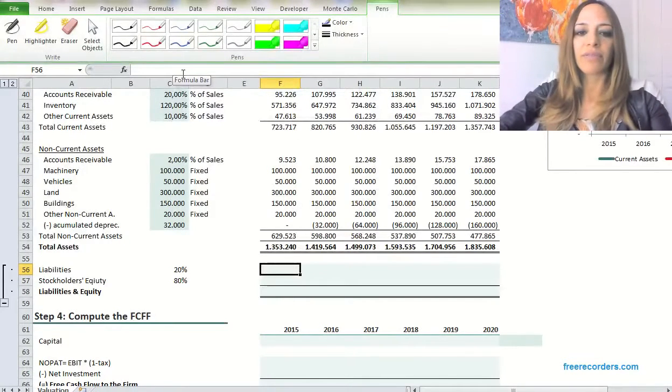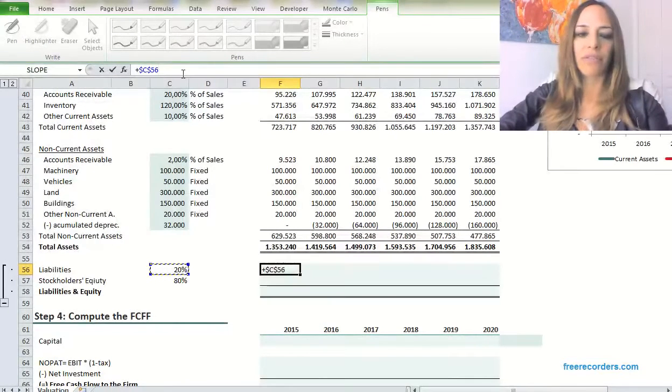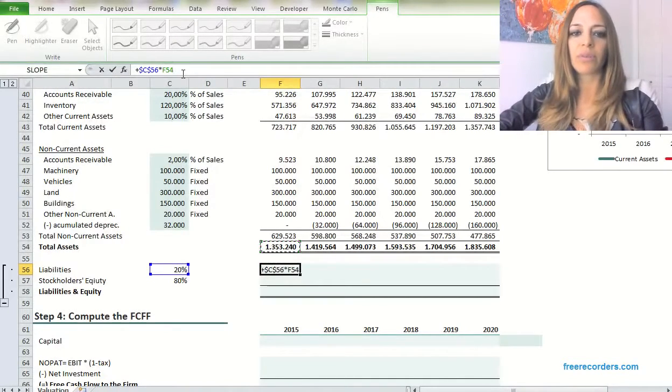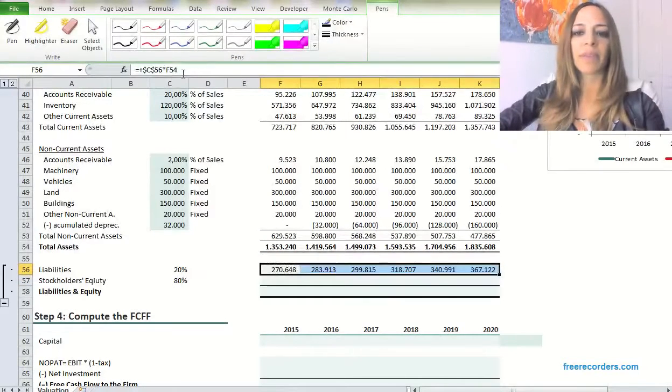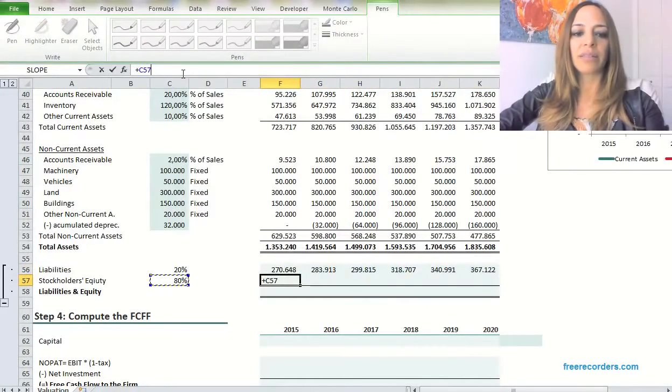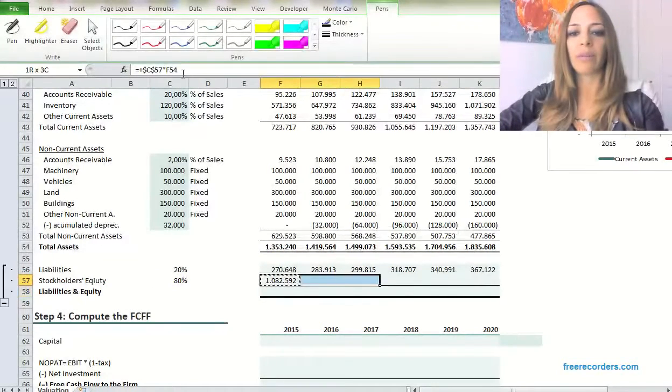Now for the first year, 20% of this amount will be debt, and 80% again of this amount will be equity.